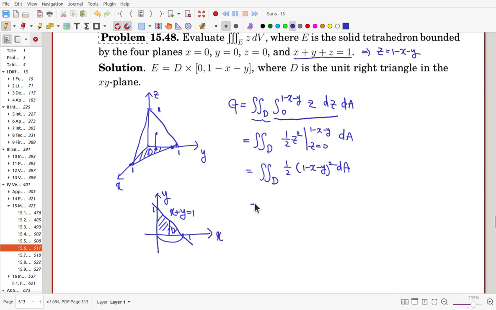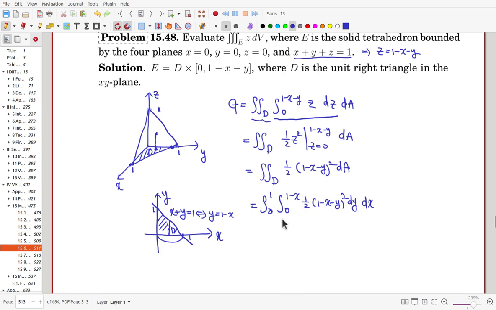So in the X direction X is from 0 to 1, so we put dx here, and in the Y direction for each X, the bottom must be 0 and the top Y must be 1 minus X. This is the same as here, Y equals 1 minus X, right?